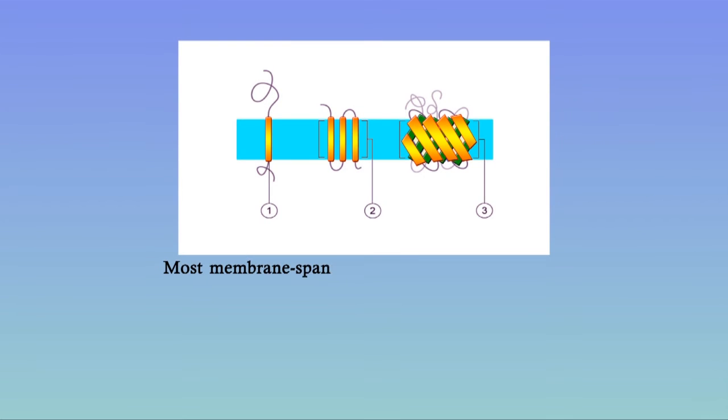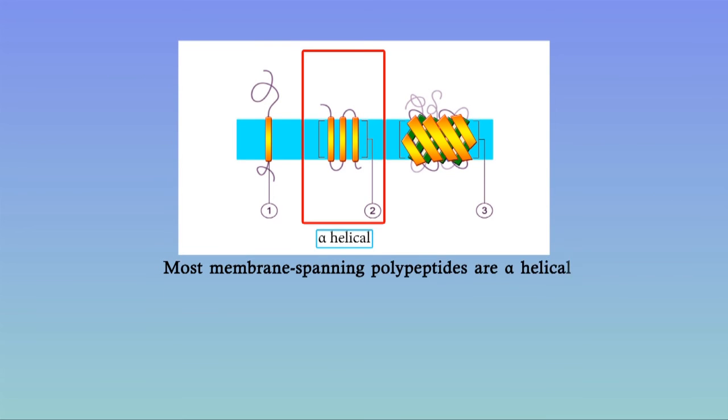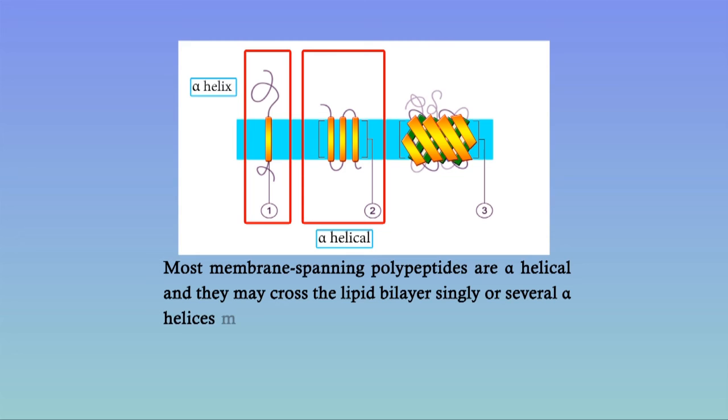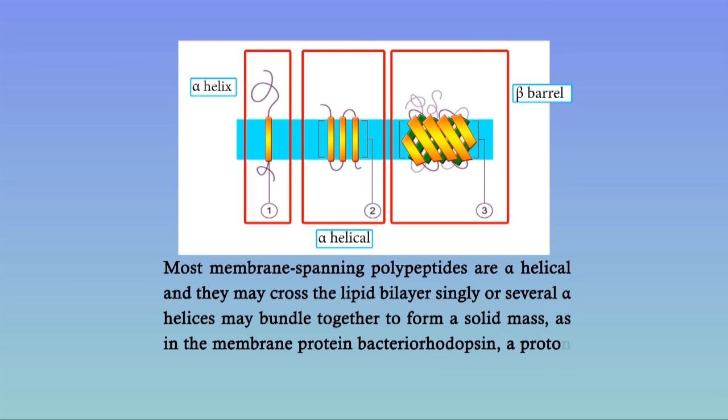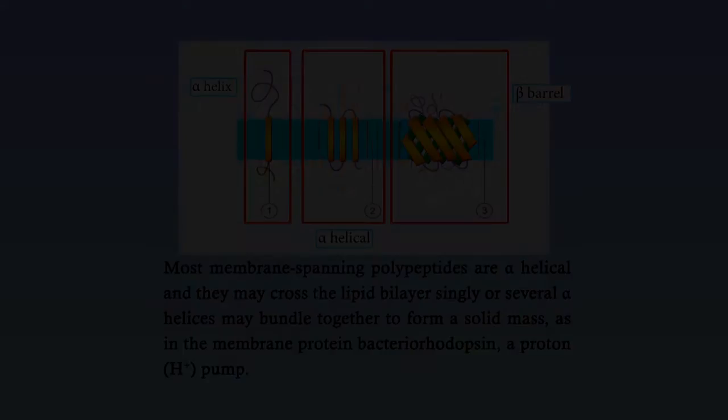Most membrane-spanning polypeptides are alpha helical, and they may cross the lipid bilayer singly, or several alpha helices may bundle together to form a solid mass, as in the membrane protein bacteriorhodopsin, a proton pump. On the other hand, beta strands commonly form beta barrels by hydrogen bonding of beta strands with each other, which neutralizes the polar backbone amino and carboxyl groups.